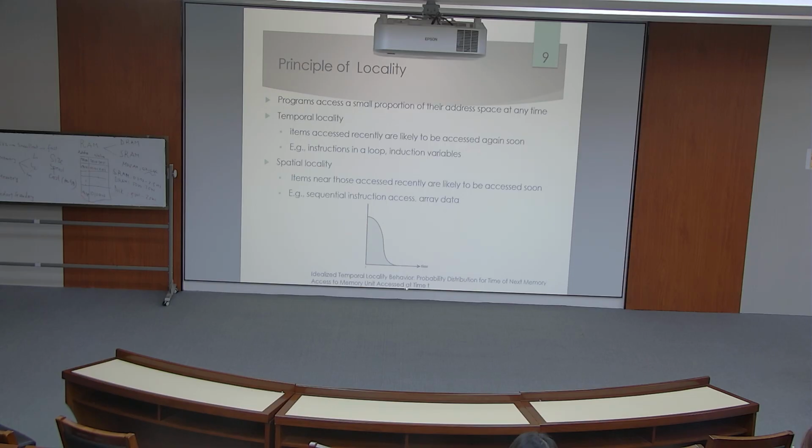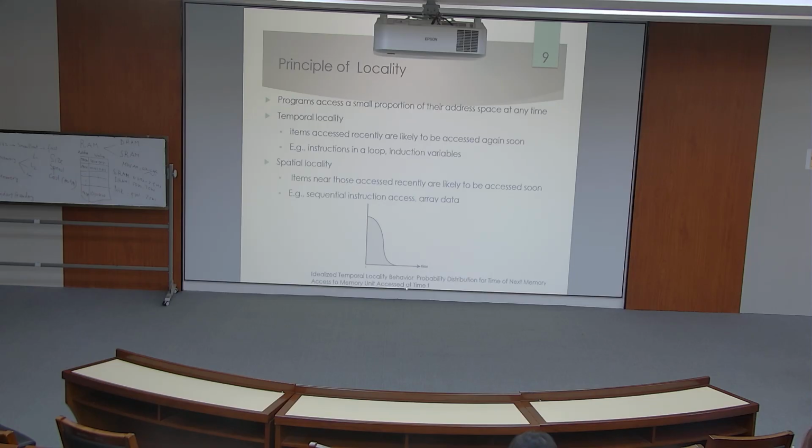So we need to talk about the principle of locality for memory to understand the tendency of a program to access the same memory locations or nearby memory locations within a short period of time.